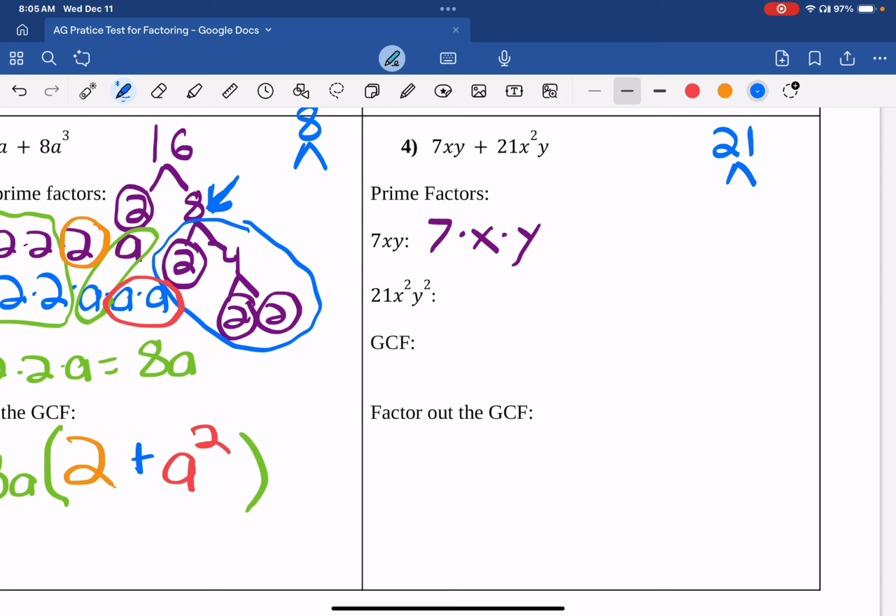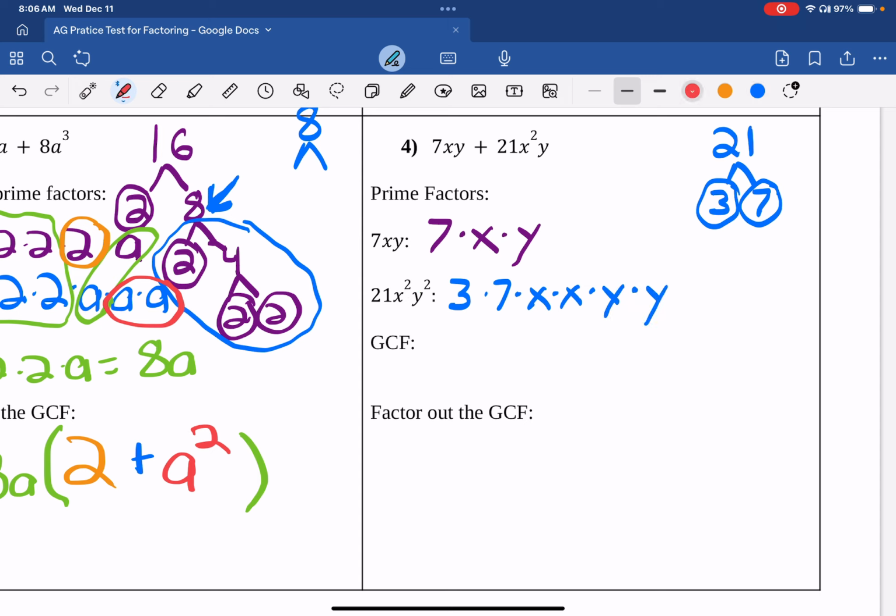You also have a factor table on the back page of your packet. So 21 is the same as 3 times 7. Those are our factors. So we write 3 times 7 times x times x, because it's x squared. And it's also y squared, so we have times y times y.